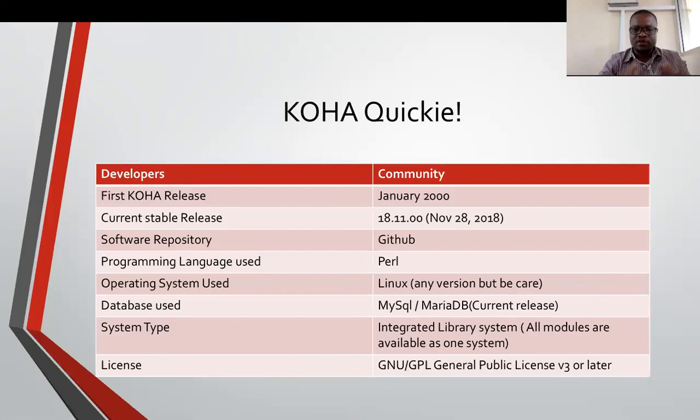That is why we say Koha is an integrated library system, which means if you start using Koha, you will enjoy the benefit of having modules such as cataloging, circulation, acquisition, and all other functions of the library which can be automated. Most of these are free, and they come together. The license type is GPL, the General Public License, version 3 or later.